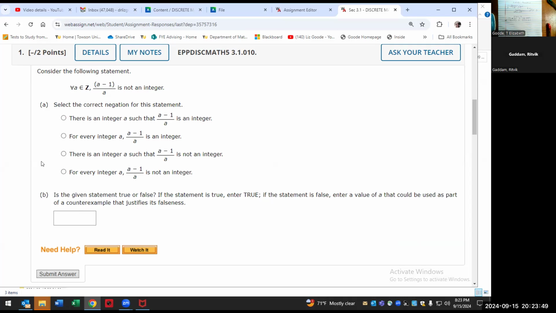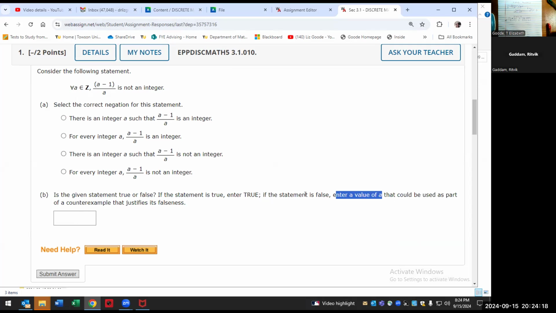Well, little a represents an integer. We're told right at the beginning, this is a statement about an integer, little a. It's a statement about all little a and z. They just use the letter little a to represent an integer. So whatever you input here as a, they say enter a value of a.